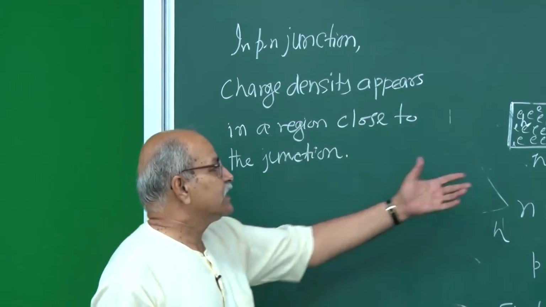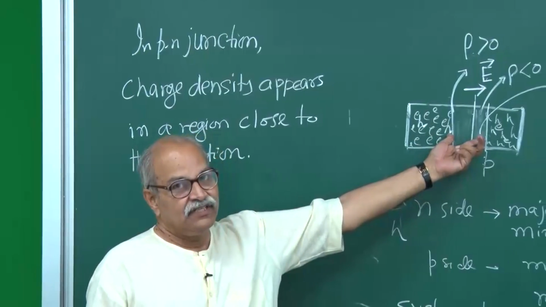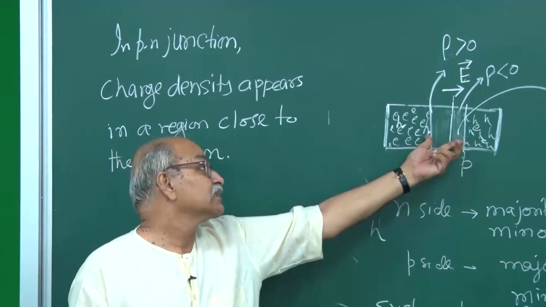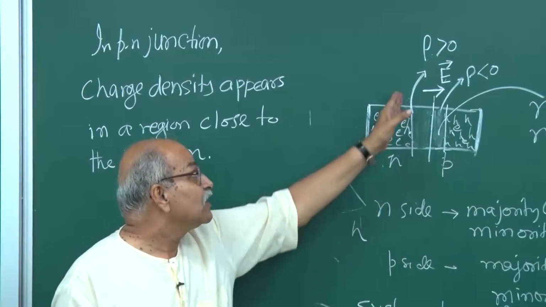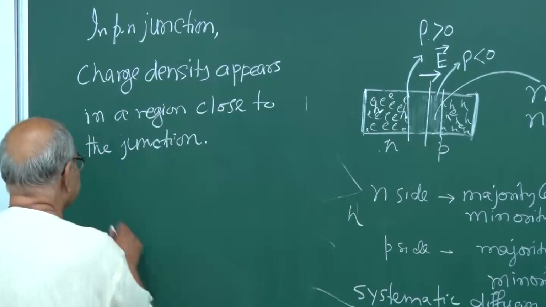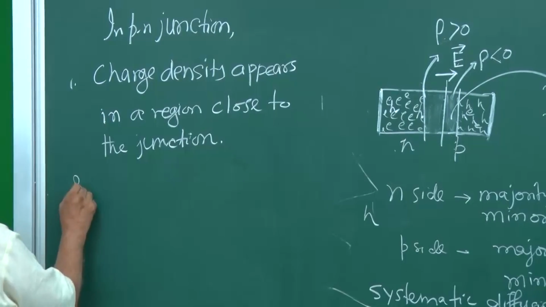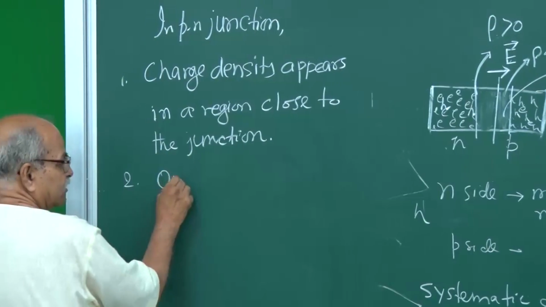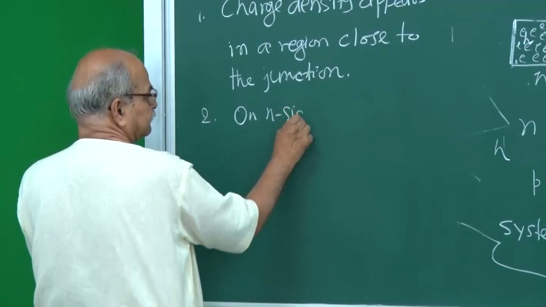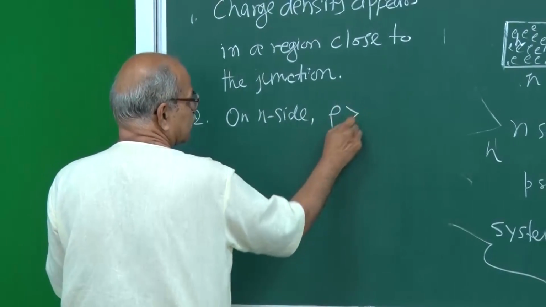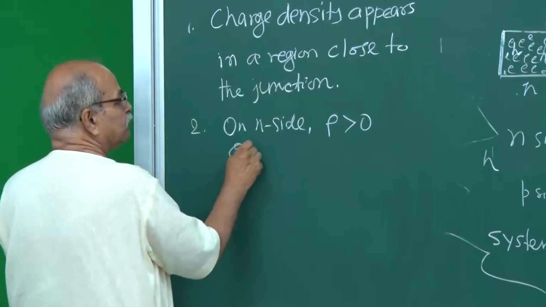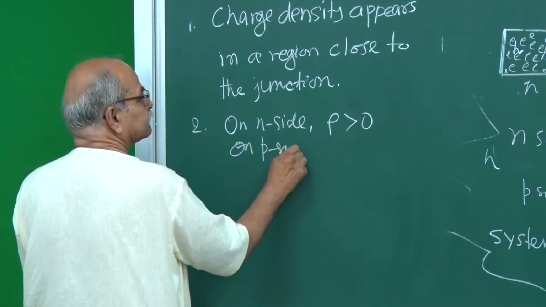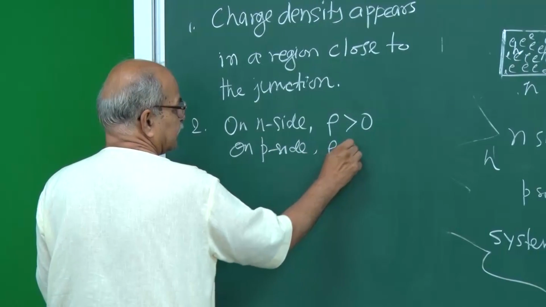On the n side, you have positive charge density, so rho is positive, and on the p side, rho is negative.